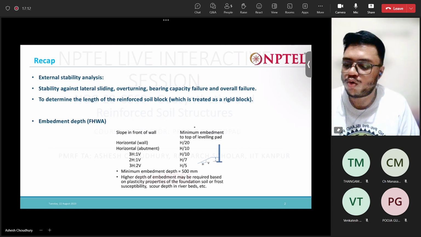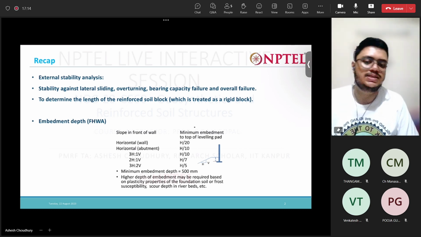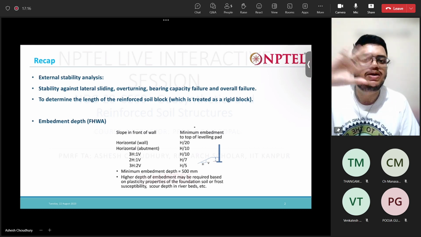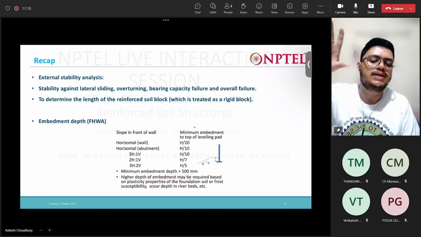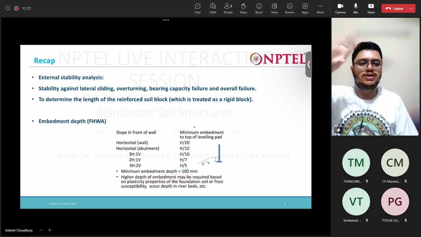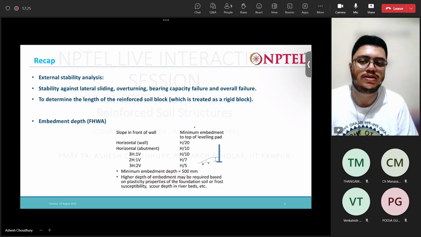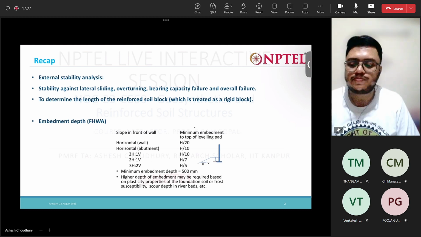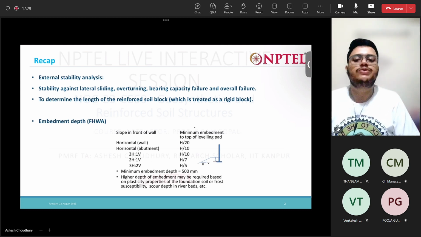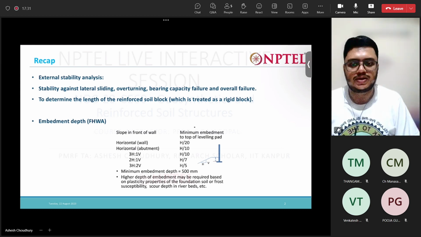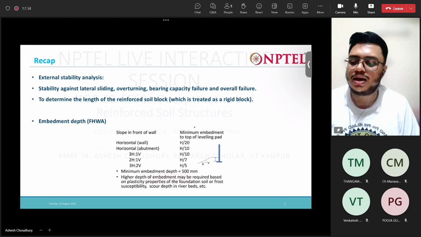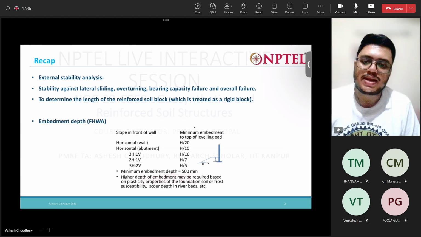Then we have the overturning check, where, due to all the loads, there is an overturning moment, so there is a chance that the structure will rotate about the heel, that is, overturn. We need to ensure that there is no such overturning failure. Then the third is the bearing capacity failure.